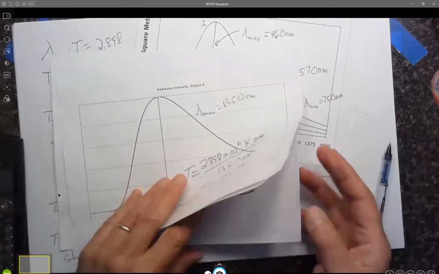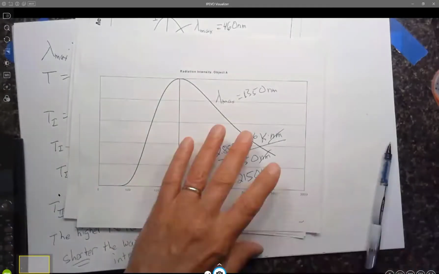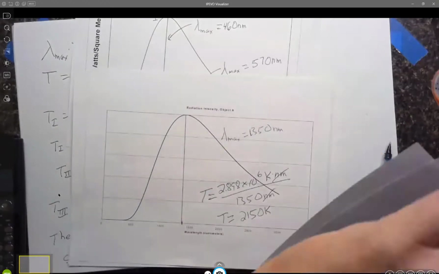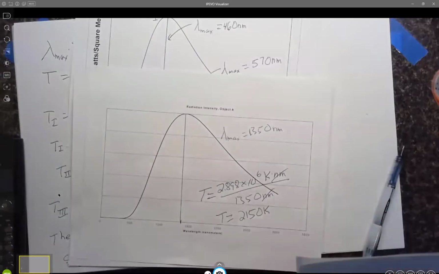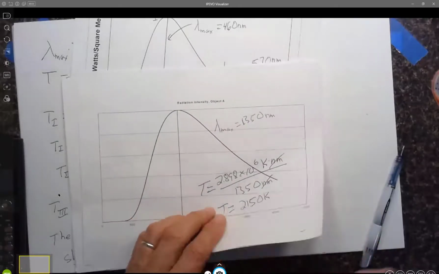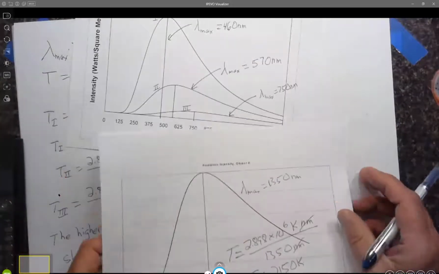So a last question on these things that I sometimes ask is, I used Wien's Law and calculated the temperature. The last thing says, see if you can estimate the color of each of the objects shown.